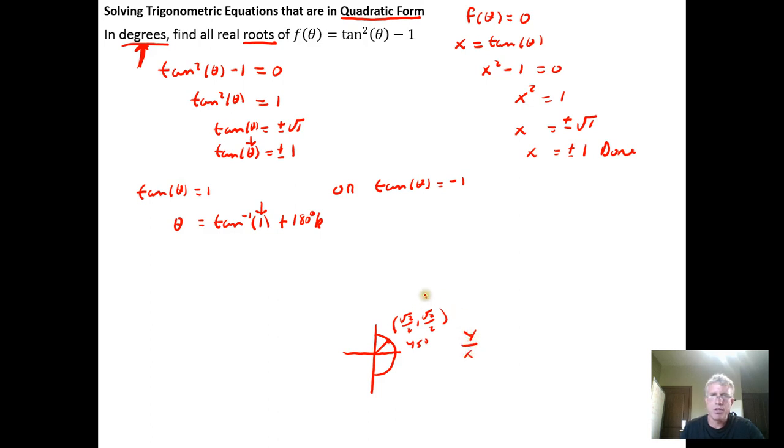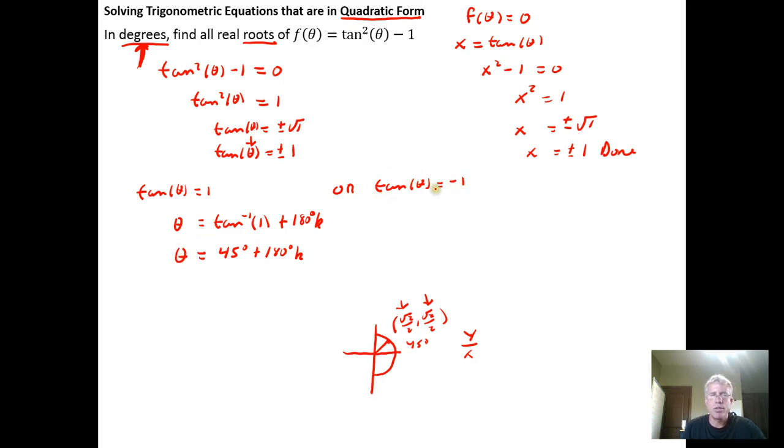In this case, because y and x are the same value, y over x will be equal to 1. So we go one more step. We recognize we can simplify this because it corresponds to a special angle. So we replace tan inverse of 1 with 45 degrees, and it's going to be plus 180 degrees times any integer k.